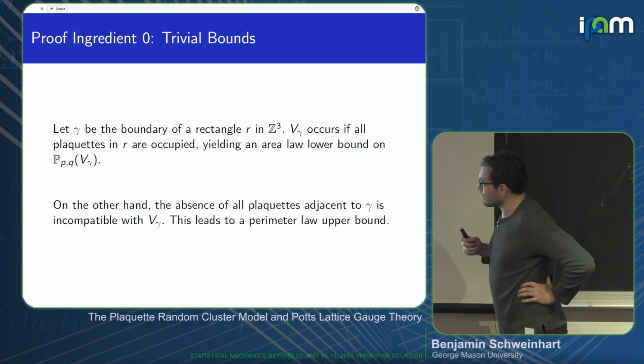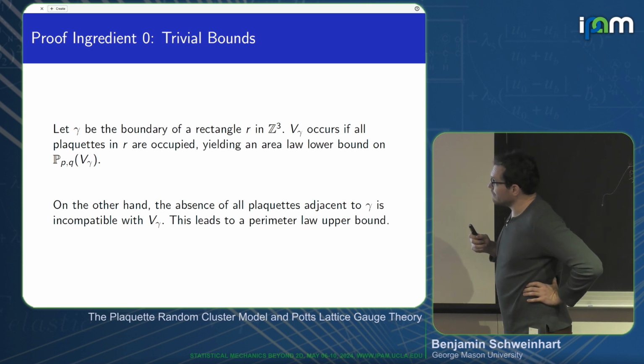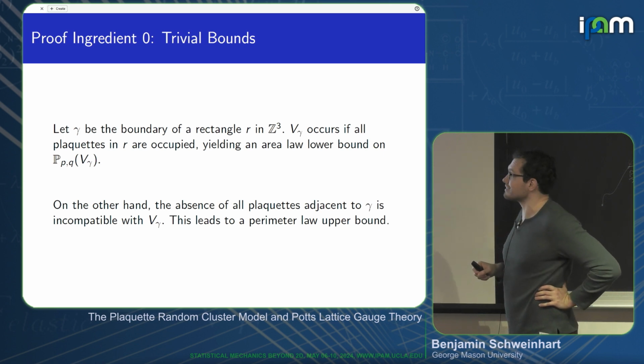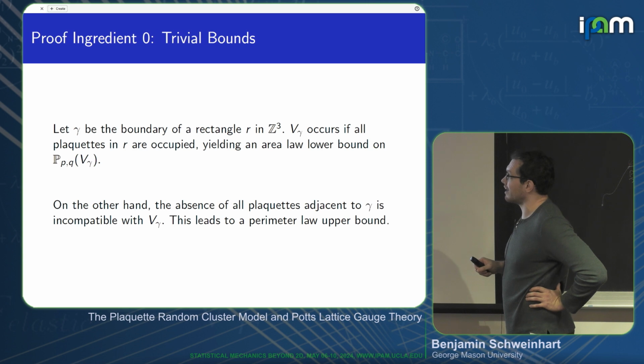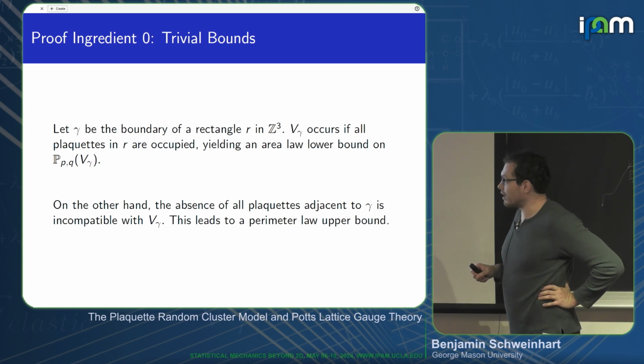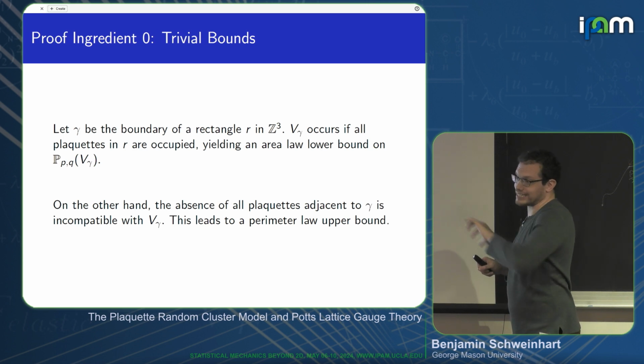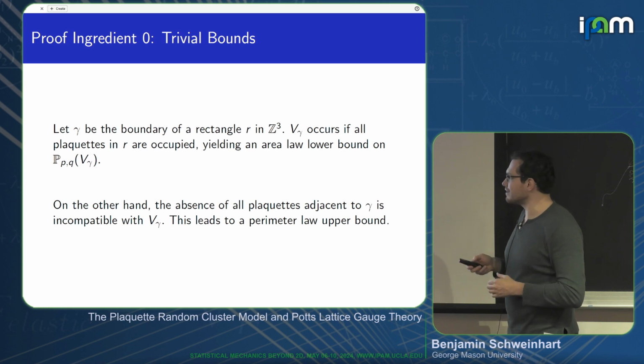If we have a rectangular boundary, then V gamma occurs if all the plaquettes in the rectangle are occupied, so that gives us a trivial area law lower bound. And our trivial perimeter law upper bound is given by removing all the plaquettes adjacent to gamma. That obstructs the event V gamma.